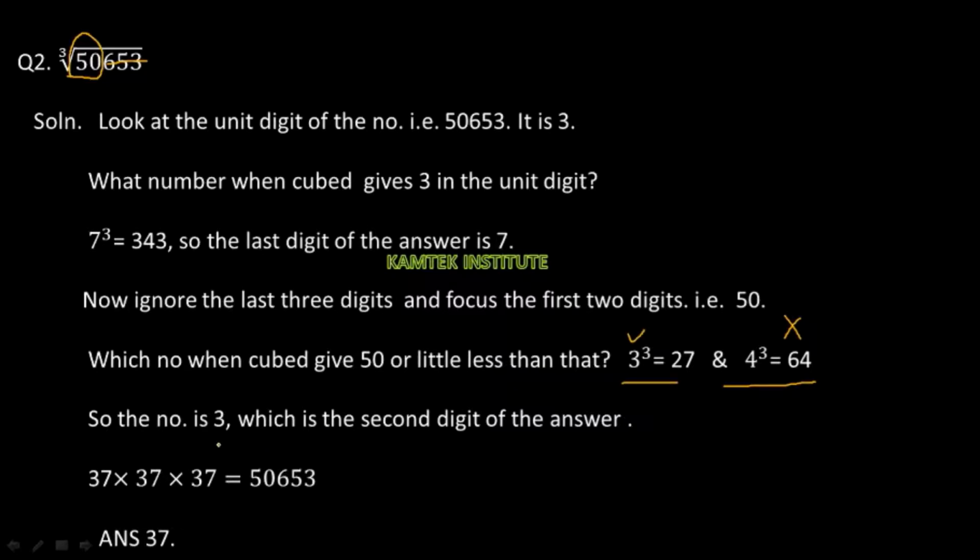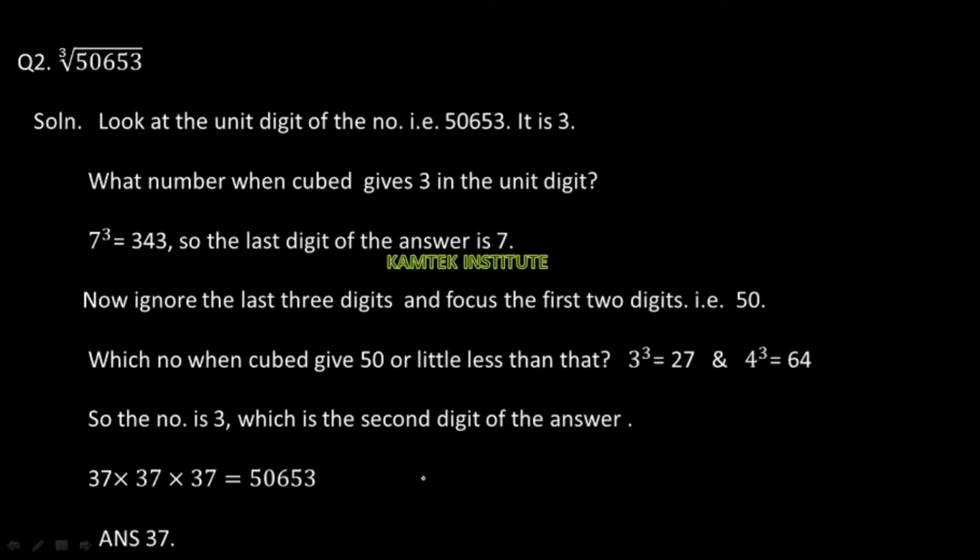So 3 will be the second digit or the 10th digit of the answer we're looking for, and the unit digit was 7 over here. So the answer that we're looking for is 37. 37 is the cube root of the number 50653. 37 into 37 into 37 is 50653, right? Very simple. You could do it within a few seconds.